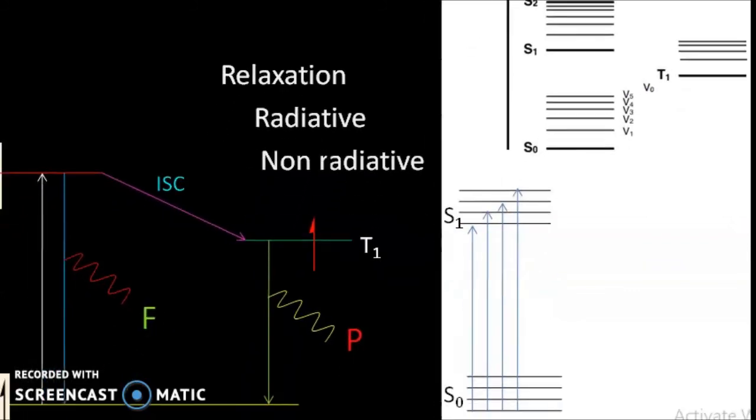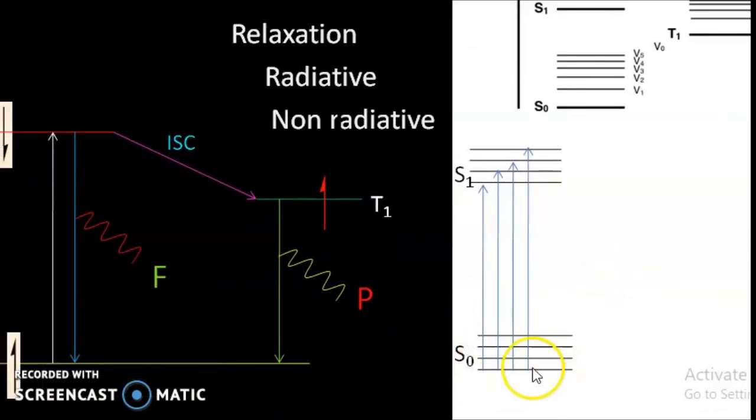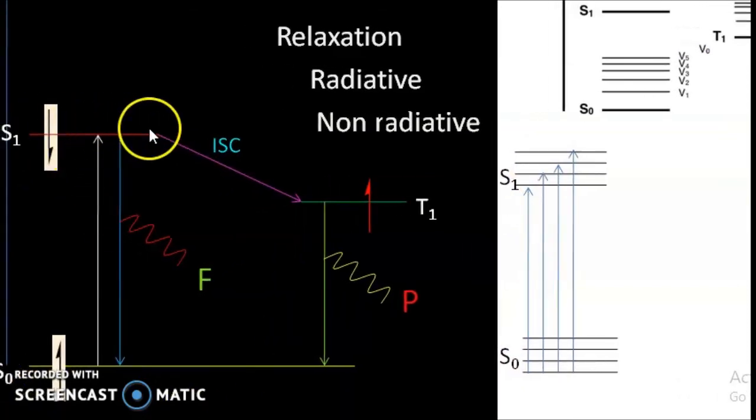Now see here, you have the singlet ground state, and the electrons absorb energy, light, and then move on to the singlet excited state. Here the singlet excited state is shown as a single line, but actually it will have various vibrational energy levels. So the electrons from the zero vibrational energy level can move on to different vibrational energy levels of the same singlet state.